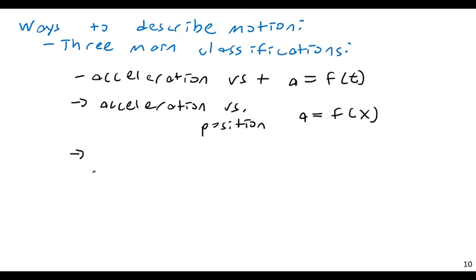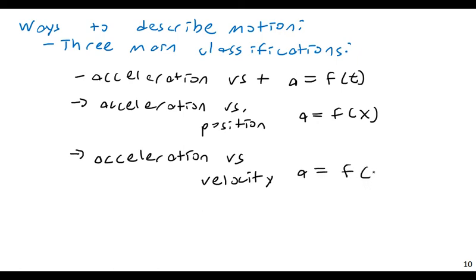It may also be useful to classify things in terms of acceleration versus velocity, so acceleration is a function of velocity. Often we'll use different variations of these depending on the type of system that we're describing.